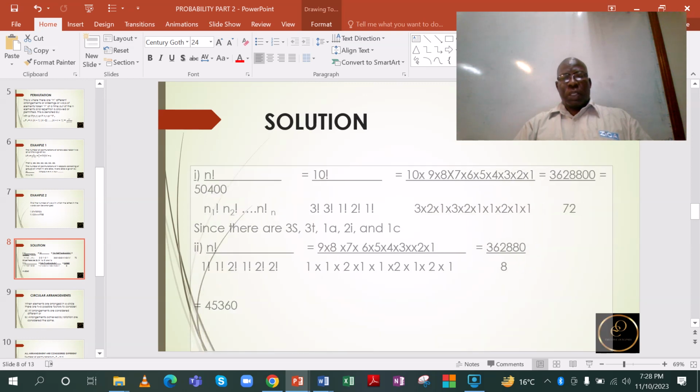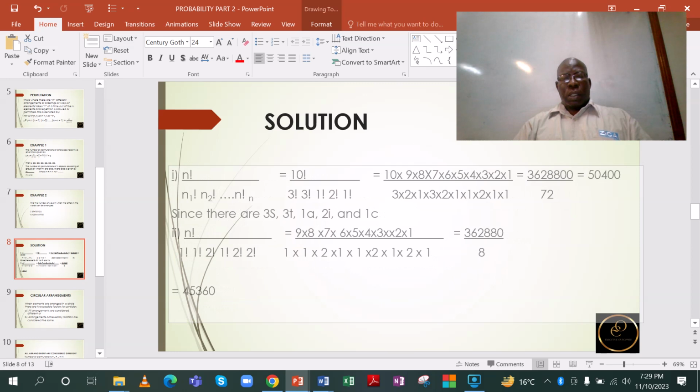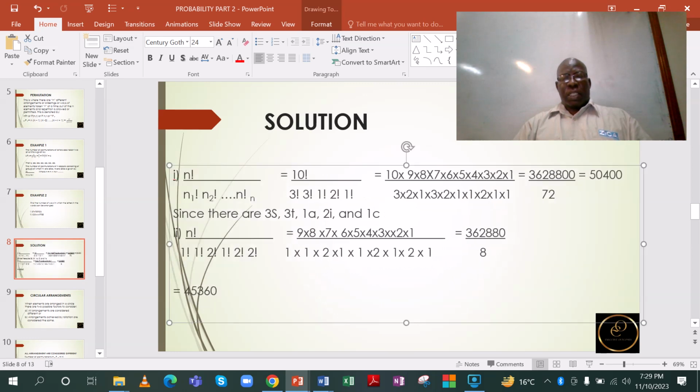Put them in order. Okay, it's something like that.